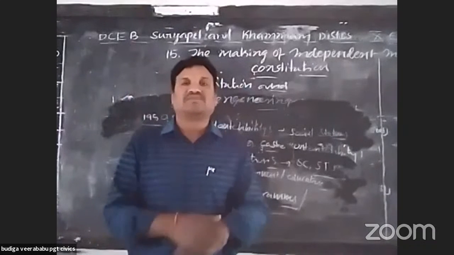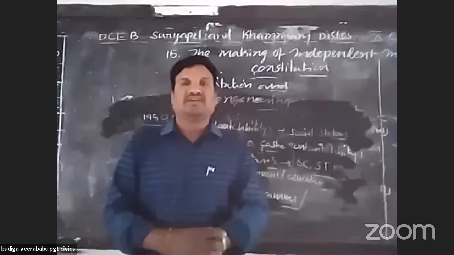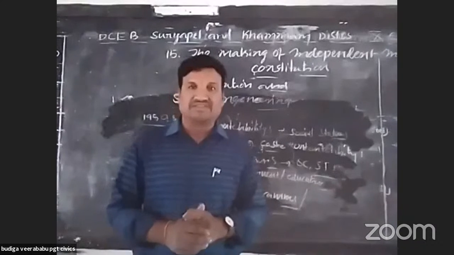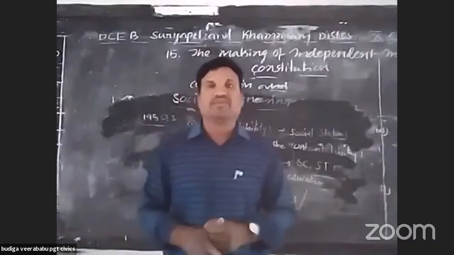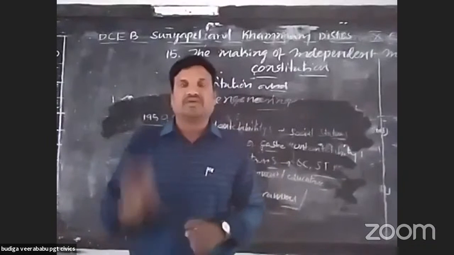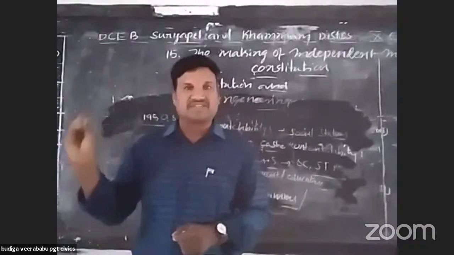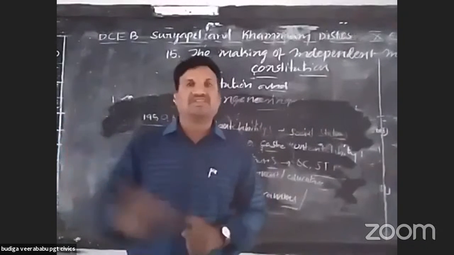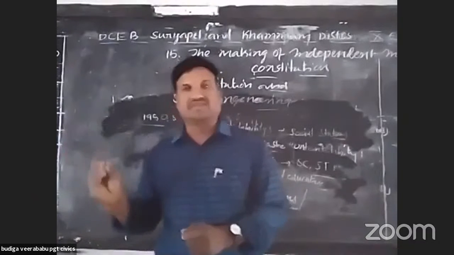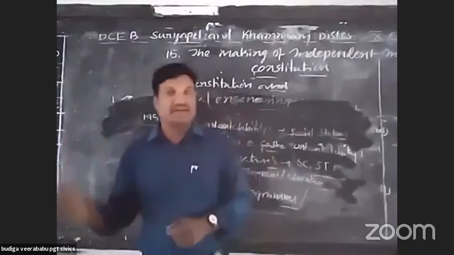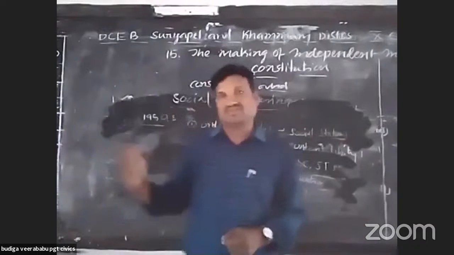So all these programs were written by the constituent members with so many debates, so many discussions. India wanted to adopt which type of system? Which country's constitutional methods, which type of government system, democratic system or socialistic system?